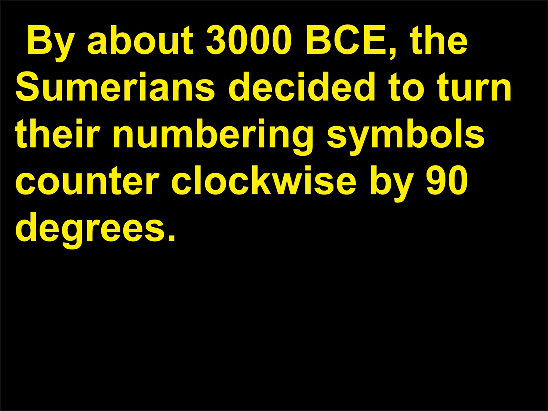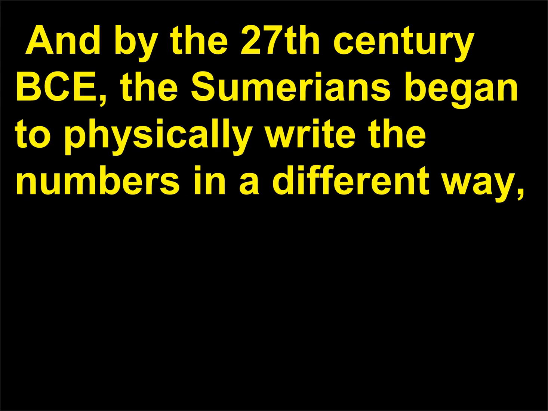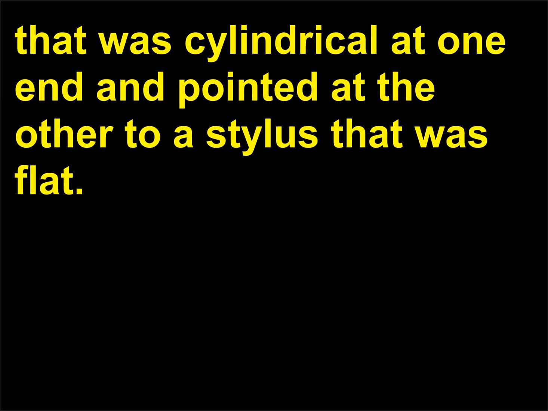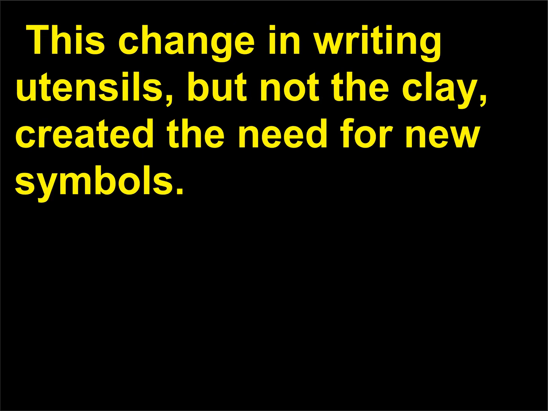And by the 27th century BCE, the Sumerians began to physically write the numbers in a different way, mainly because they changed writing utensils from the old stylus that was cylindrical at one end and pointed at the other to a stylus that was flat. This change in writing utensils, but not the clay, created the need for new symbols.